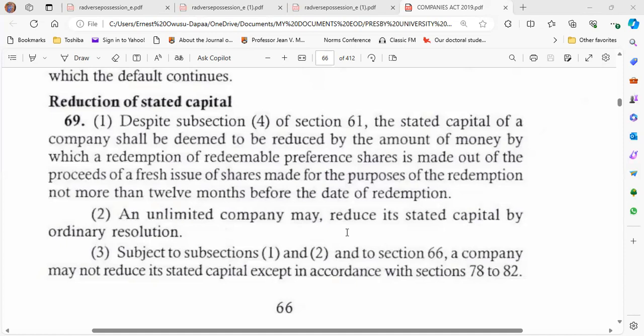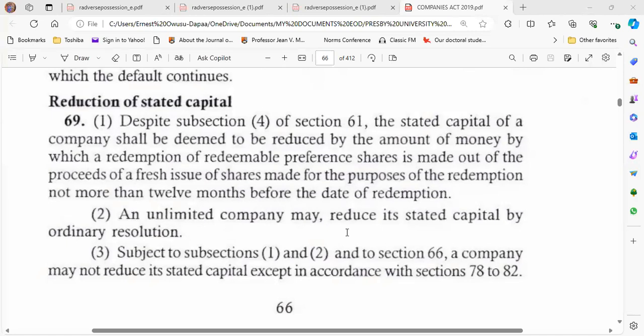So you look at section 61, if you remember, we are told that the company is prevented from acquiring its own shares, because if the company were to do so, it would amount to the company giving money back to the shareholders instead of having money retained in the company.